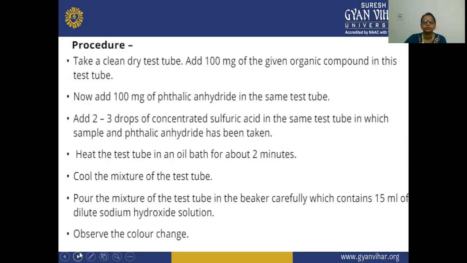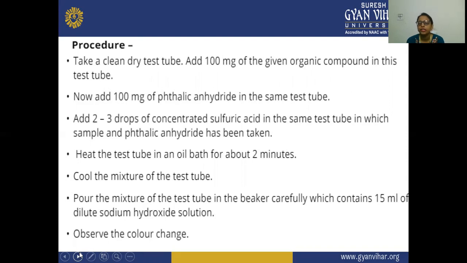Next is the procedure. What will be the procedure if we are performing this phthalein dye test? Here we have to take a clean, dry test tube. In that dry test tube, we add 100 mg of the given unknown sample. After that, we add 100 mg of phthalic anhydride in the same test tube.